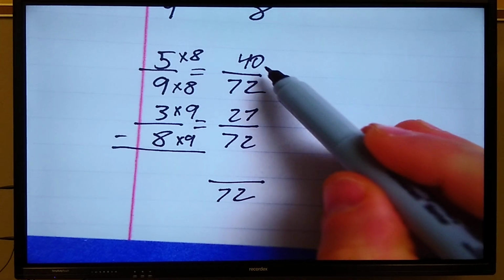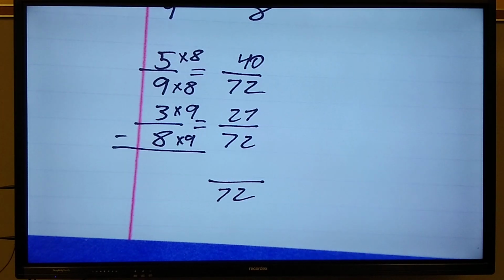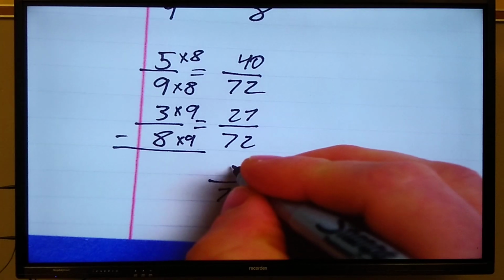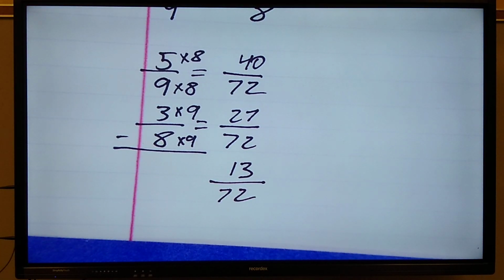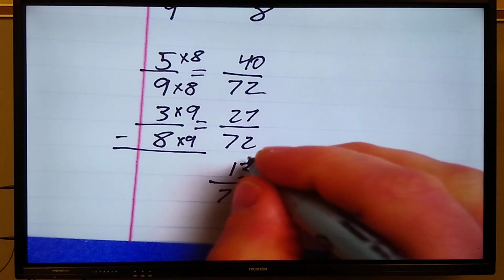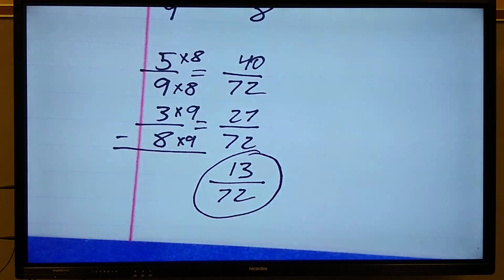Then you have to subtract. 40 minus 27 equals 13. And then you ask yourself the two important questions. Is this an improper fraction? No. Is this in simplest form? Yes. 13 over 72.